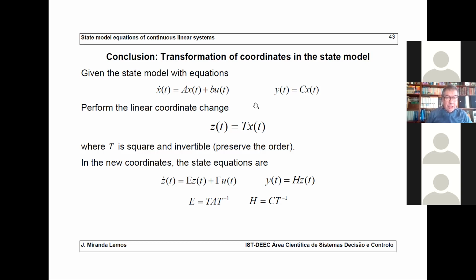Now I can compute the transfer function associated to the X model. What do you think that the transfer function associated to the Z model is?